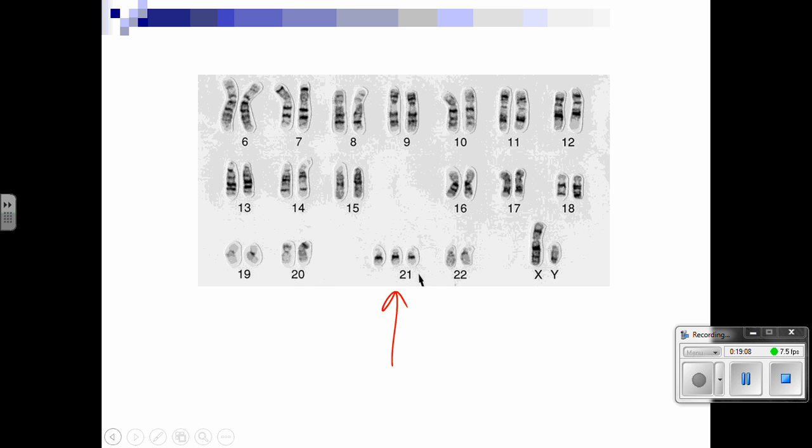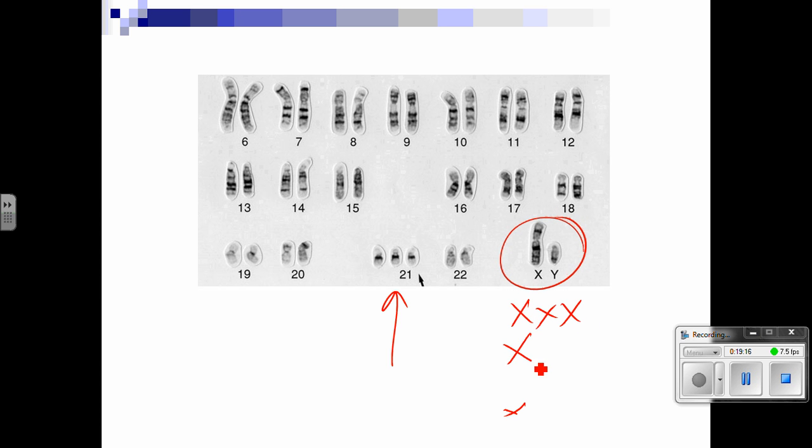Just kind of on a side note, interestingly, if this happens to the sex chromosomes, you can get things like females that are XXX. You can get males that are XXY. This is called Klinefelter syndrome. You can get X0. So basically you can get 1 X for the female and then nothing else. No Y, no X, nothing else. This is called Turner syndrome. So there are some really interesting things you can get, and most of those actually do develop.